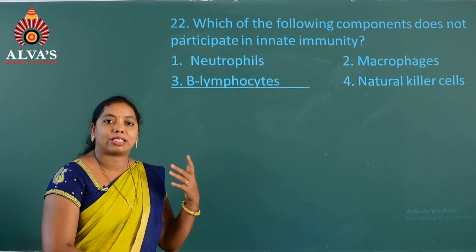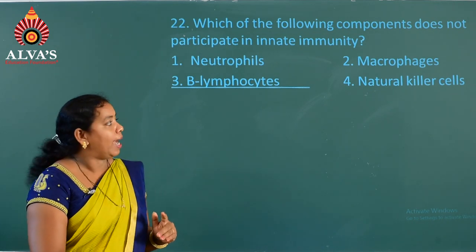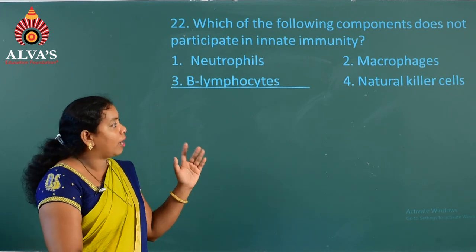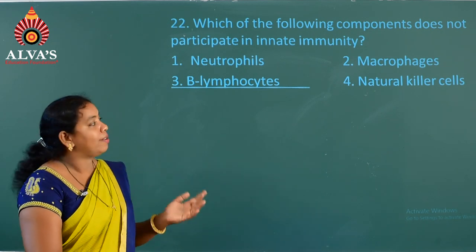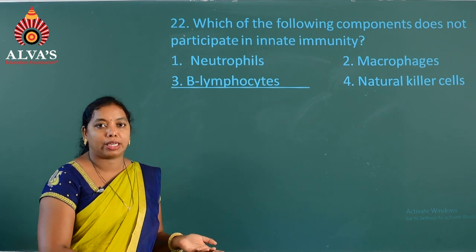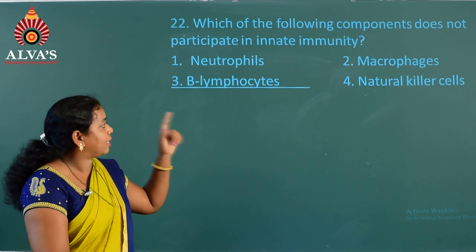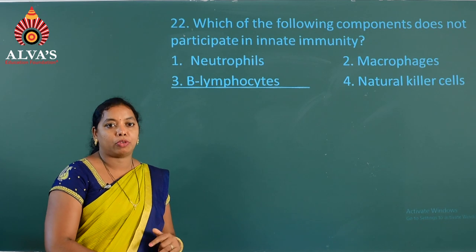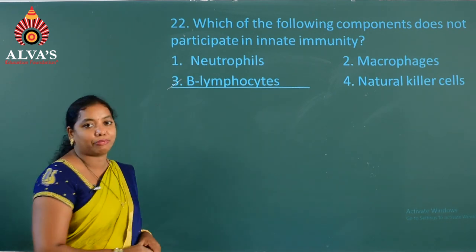Under that, T lymphocytes as well as B lymphocytes play a very important role, and hence they are not classified under cellular barriers. The fourth one is natural killer cells, or NK cells. So B lymphocytes come under adaptive immunity, or acquired immunity, whereas the other three, neutrophil, macrophage and NK cells, come under innate immunity. Hence the correct option is the third one, B lymphocytes.